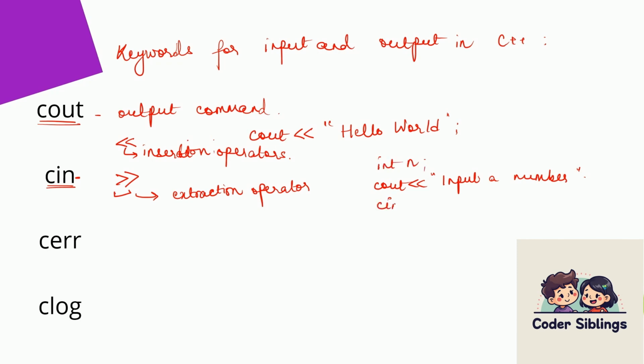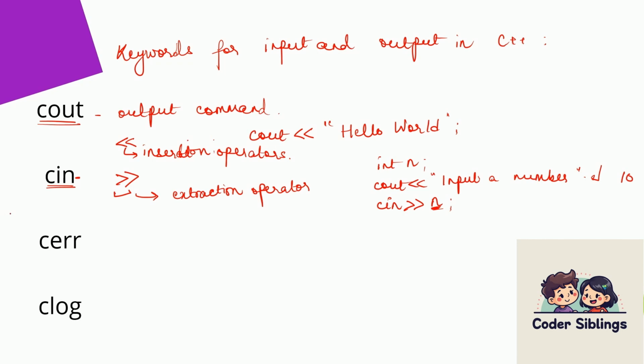What you can do to take this number as the input will be cin followed by the extraction operator, and you put an n here. So whatever value is entered by the user on the screen, say 10, that will be the value of n which will be inputted to our program, and will further be used for other computations to be performed.